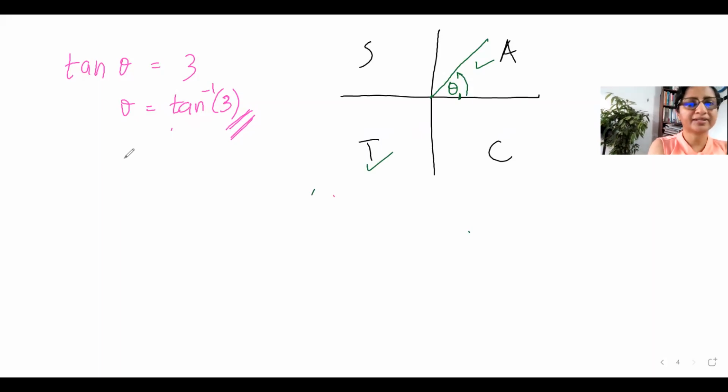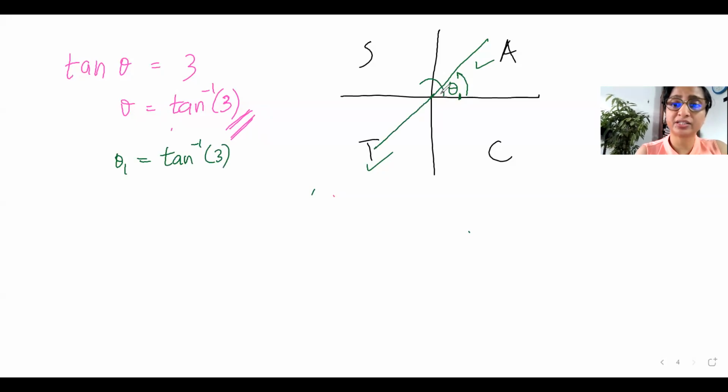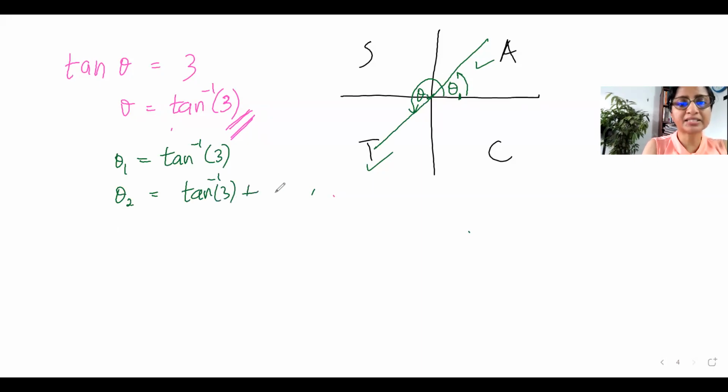Suppose that this is theta 1. So theta 1 is the solution in the first quadrant, the acute angle solution. You can assume that if it is tan inverse 3, then the other solution in the third quadrant, if I call it theta 2, is tan inverse 3 plus pi.